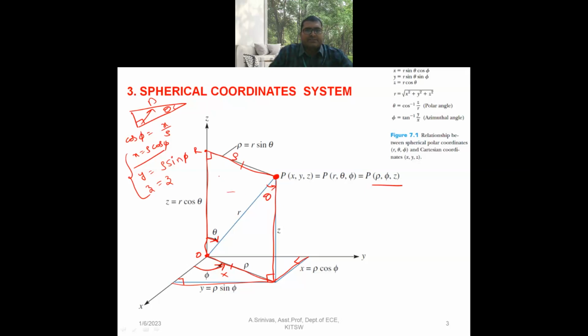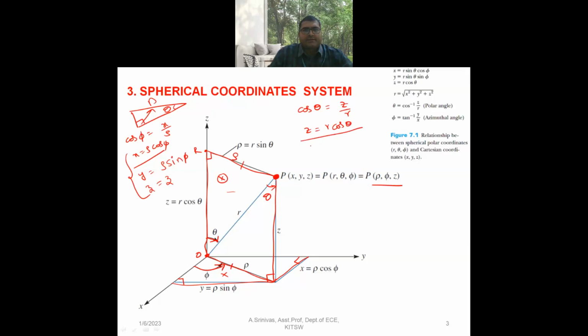Now in this triangle, apply cos theta. The value of cos theta is equal to z by r, meaning z equal to r cos theta.